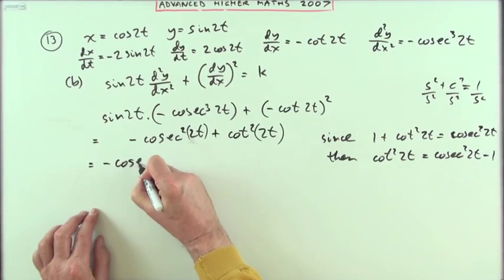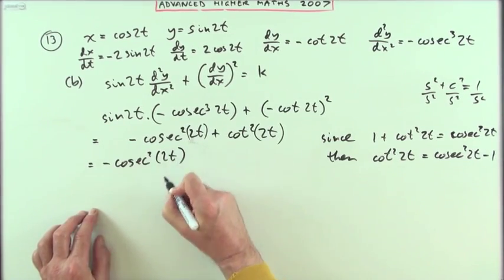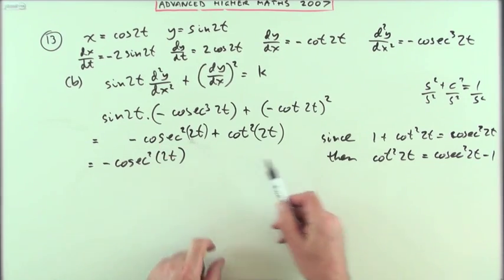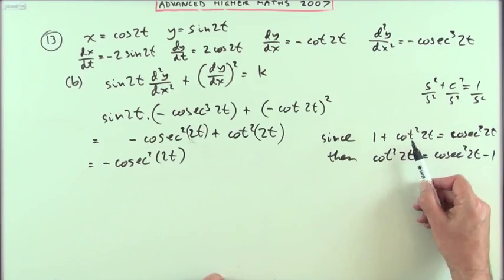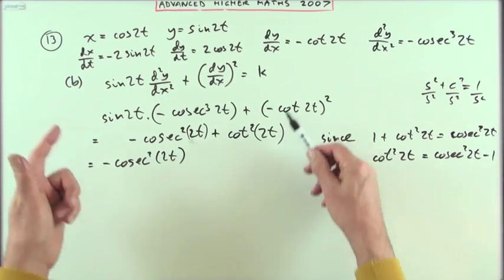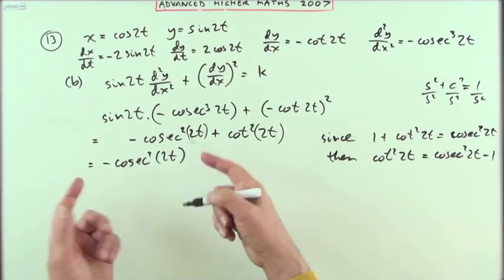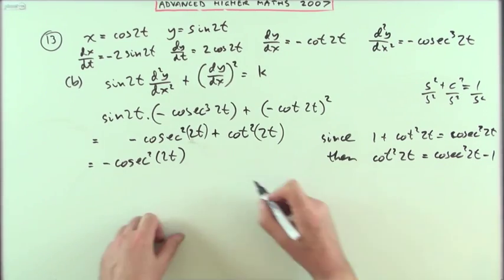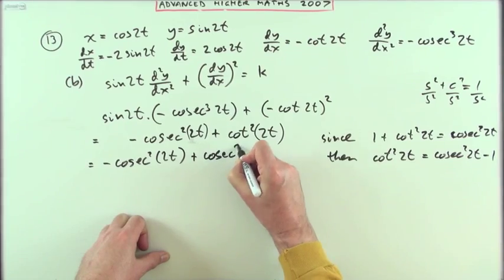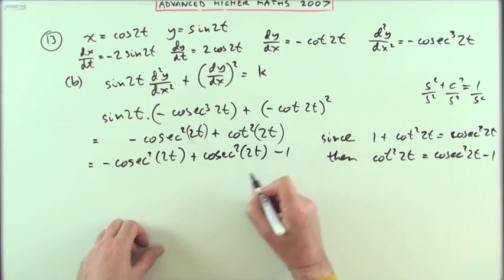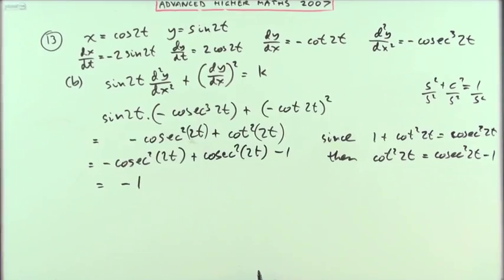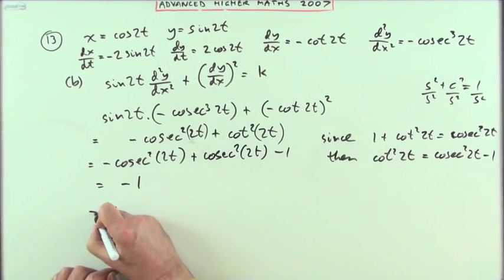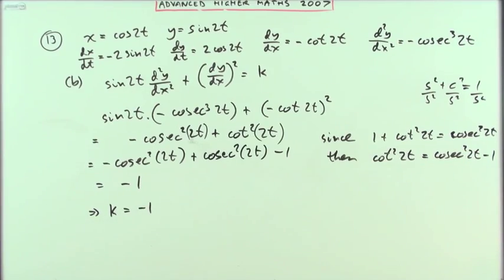So I've got negative cosec squared 2t. I mean, it is actually quite obvious that if you've got cot minus cosec, cot take away the cosec, the answer is going to be negative 1. But there's meant to be 5 marks in this altogether, so I'll just plod through this bit. Then the cot squared can be replaced with plus cosec squared 2t minus 1, which obviously then comes to minus 1 in that form. And it said state the value of k. Well, that means k is negative 1.